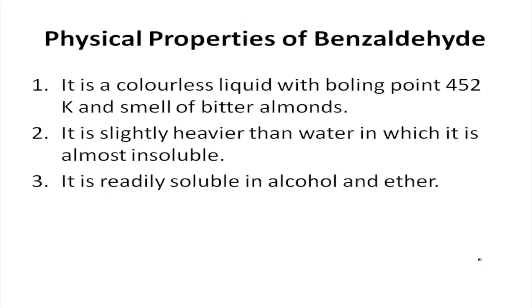Physical properties of benzaldehyde. Number 1, it is a colorless liquid with boiling point of 452 Kelvin and smell of bitter almonds. Number 2, it is slightly heavier than water, in which it is almost insoluble.